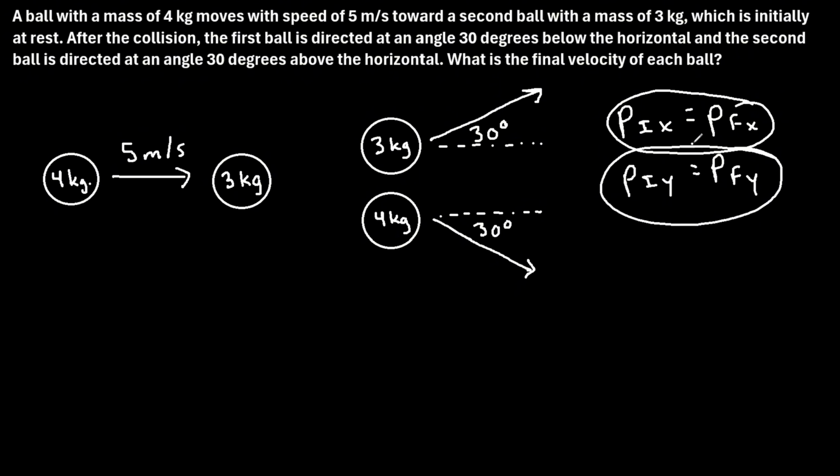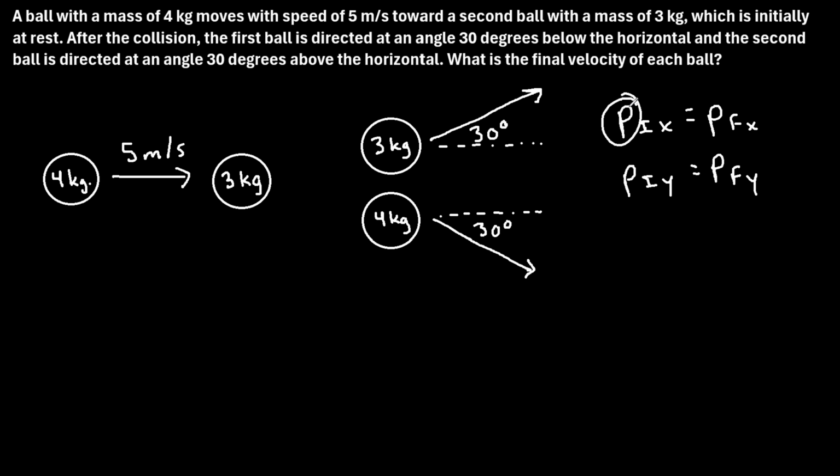So let's start with the x direction. What is the initial momentum in the x direction? Momentum is calculated as mass times velocity. So the initial momentum in the x direction is equal to m1, the mass of the first ball, times the velocity in the x direction of the first ball, plus the mass of the second ball times the velocity of the second ball in the x direction.